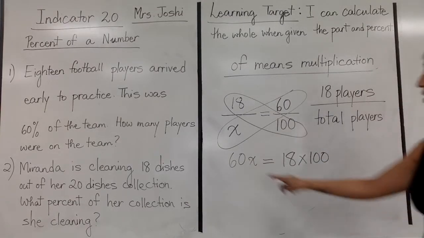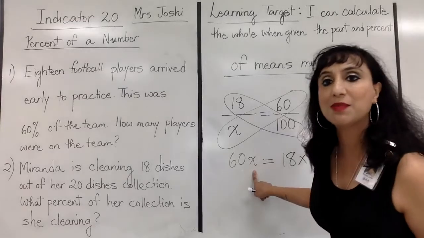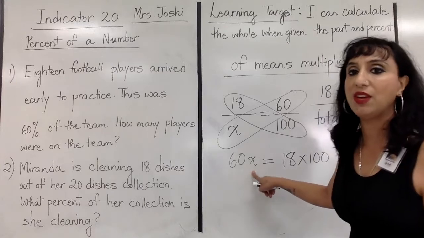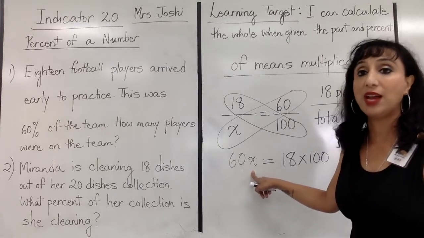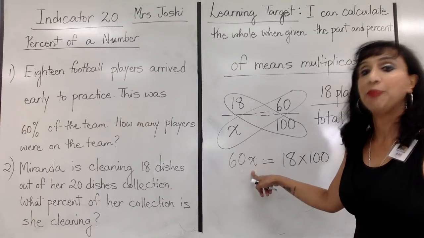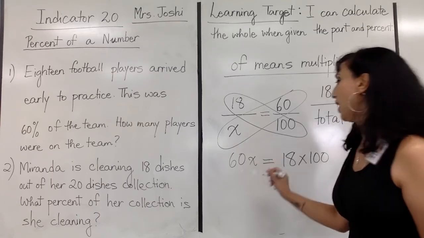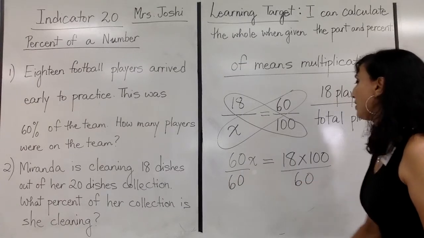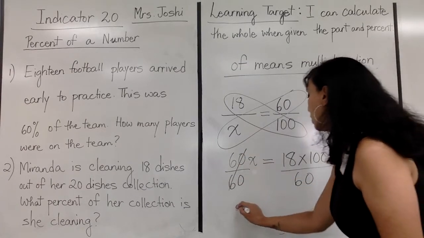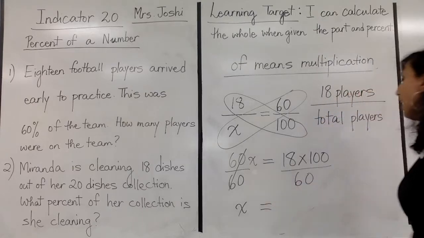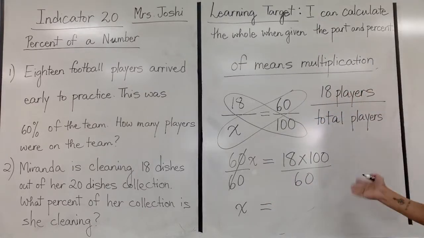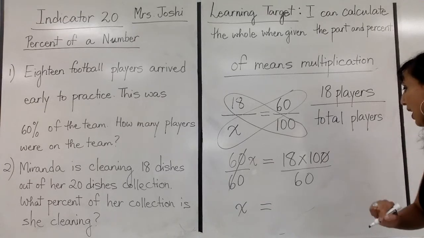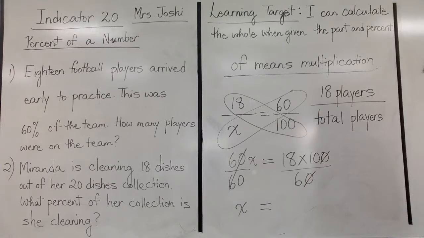Since this is attached to the variable, this means multiplication, and in order to solve this I have to do the opposite, which is the division property of equality, and we'll get to that when we get to Unit 7. But for now you just need to know that since this is attached, we are dividing both sides by 60, and 60 divided by 60 gives me 1, so I'm left with x is equal to, now I can simplify before I multiply. I know 100 divided by 10 is 10. 60 divided by 10 is 6.